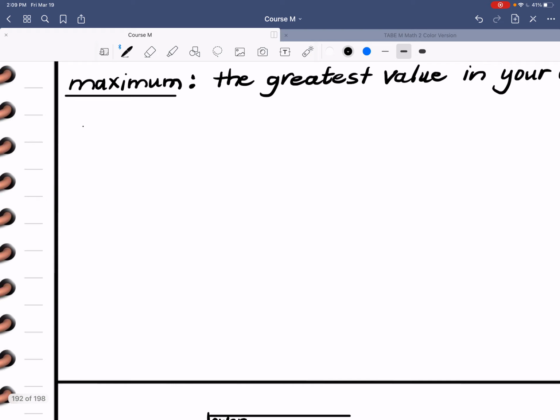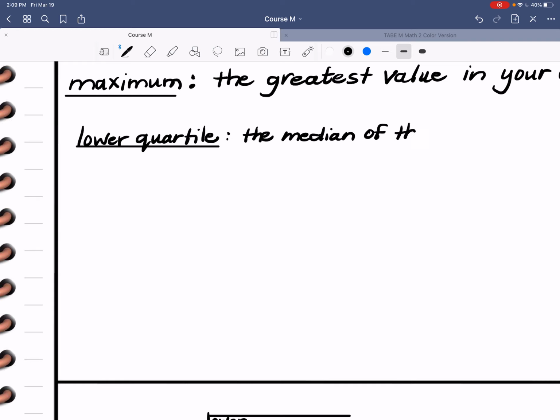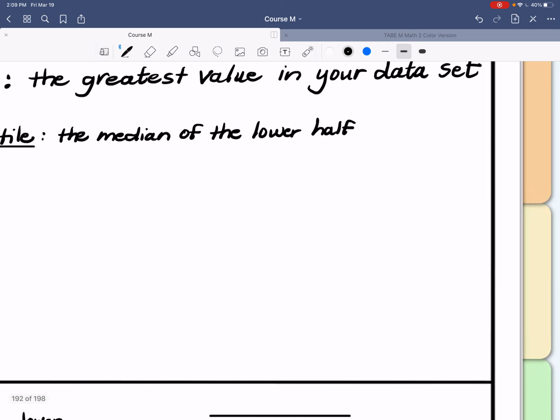And to find the lower quartile, you're going to take the median of the lower half of your data. And I know right now this doesn't make sense, but just bear with me. We're going to practice a lot of these.